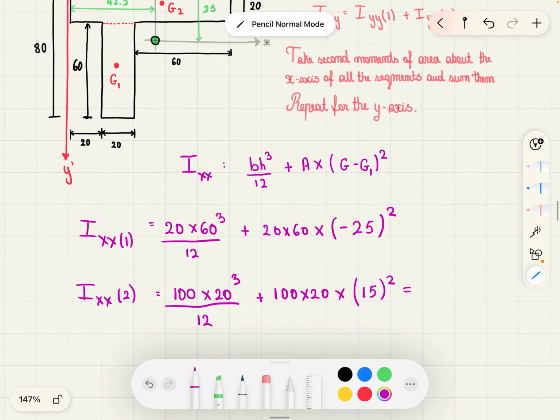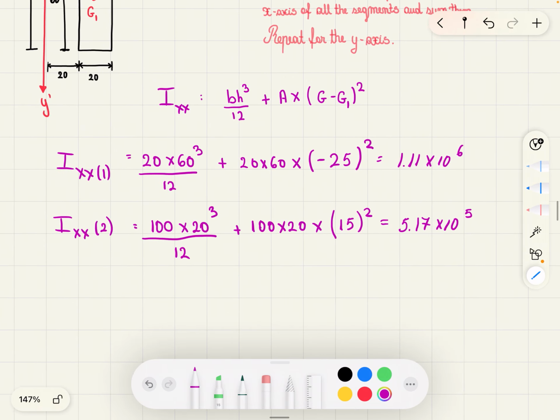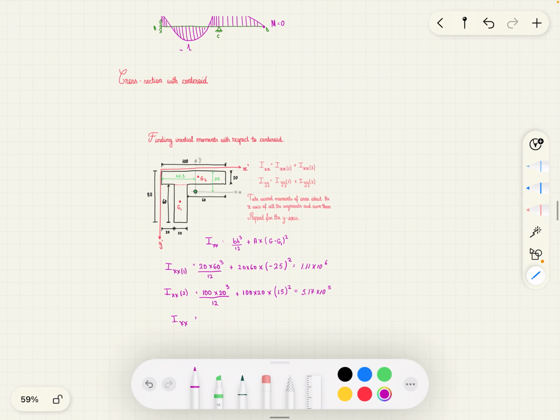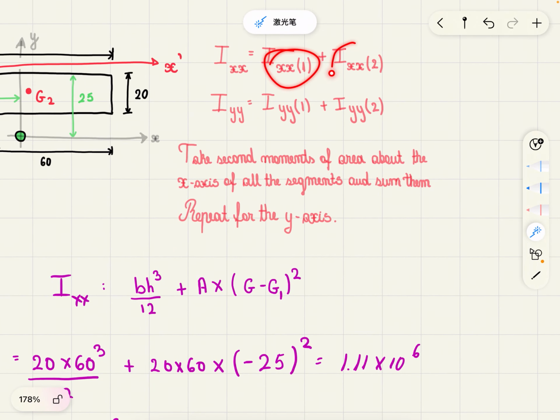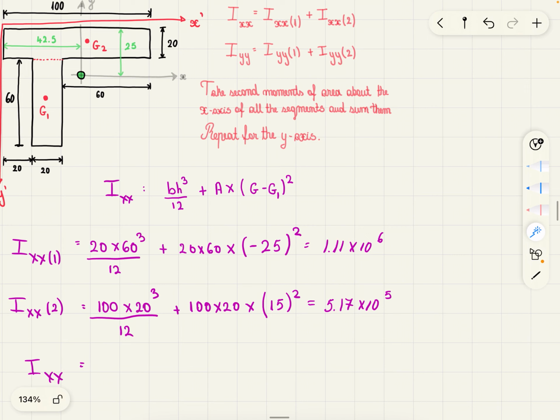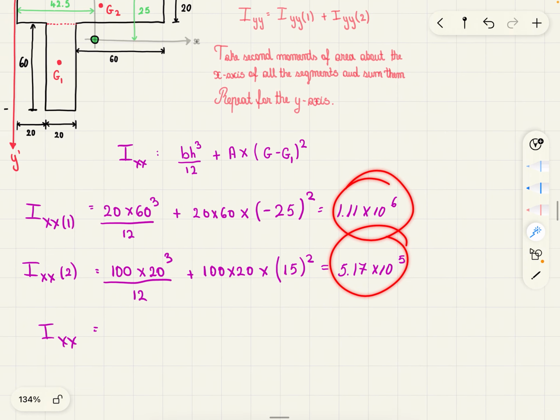And we square that, and it's going to give us 5.17 times 10 to the power of 5. And this one was 1.11 times 10 to the power of 6. Now, to find Ixx, we said we have to add up Ixx1 and Ixx2.